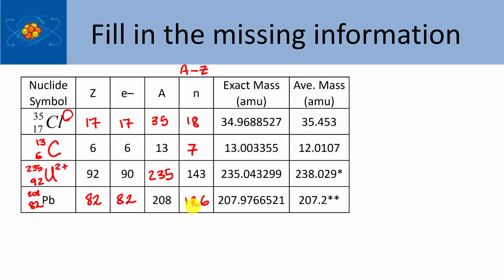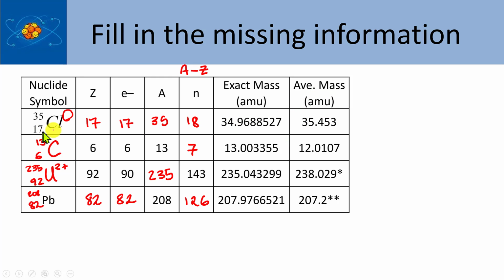Okay, so this is what I wanted to show you, so you understand a little more about exact masses and average masses. When you look at the periodic table, you'll typically see numbers like this, and I put a couple of asterisks here to remind me to say a little more about this. They'll say that chlorine has an average atomic mass of 35.453, and that's the number of grams per mole or atomic mass units.